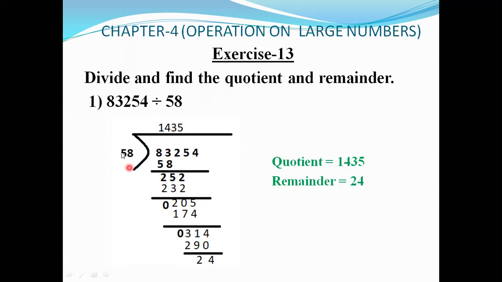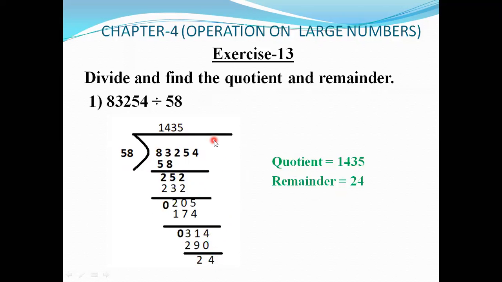Now we cannot divide 58 into 24 because 24 is less than 58, and also there is no number left after 4 to take to divide. In this way the division is over, and here the quotient is 1435 and 24 is the remainder.